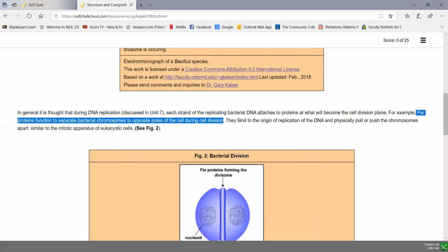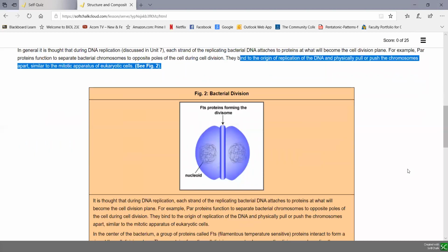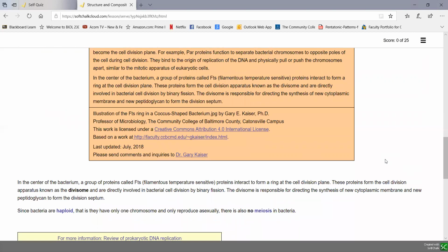These PAR proteins bind to the origin of replication of the DNA, and they physically pull and push the chromosomes apart, functioning similar to the mitotic apparatus that we see in eukaryotic cells. And this is a diagram we looked at under the membrane showing you the divisome and the two chromosomal molecules that have separated.